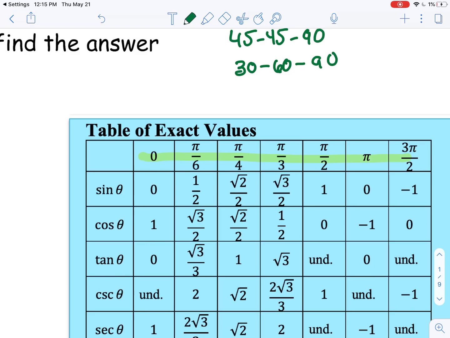Up above here, I'm going to write these in degrees. So pi over 6 is the same thing as 30 degrees. Pi over 4 is 45 degrees. Pi over 3 is 60 degrees. Pi over 2 is 90 degrees. Pi is 180 degrees. 3 pi over 2 is 270 degrees. And 0 is 0 degrees.